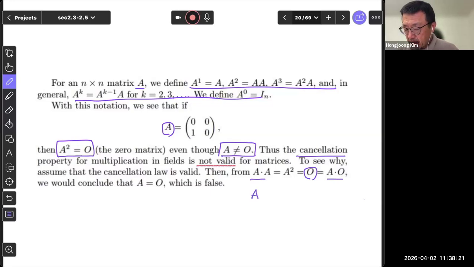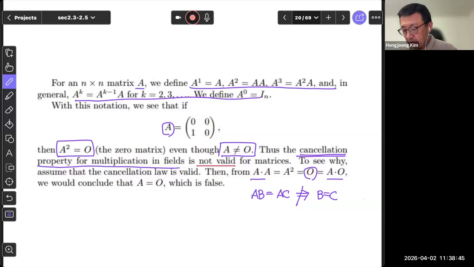So A times B and A times C being equal does not mean B and C are equal. So you cannot have the cancellation law. This cancellation law does not hold in general.